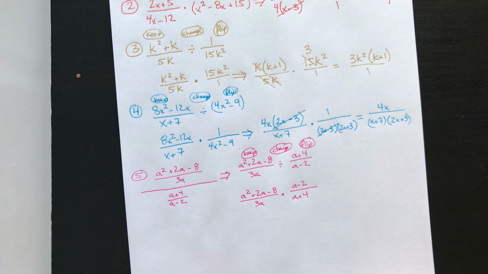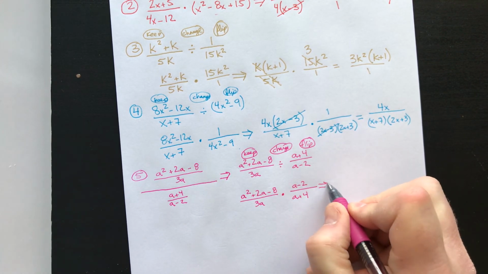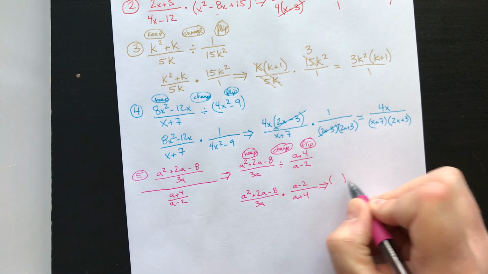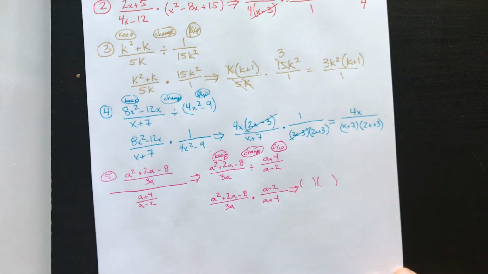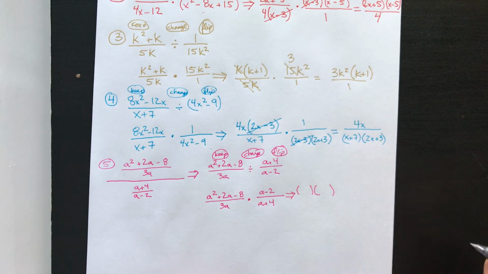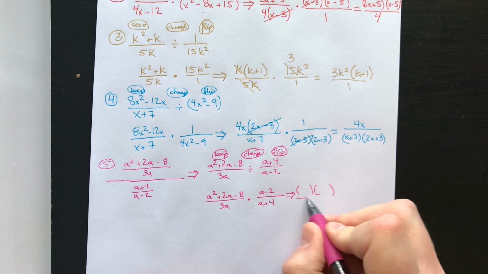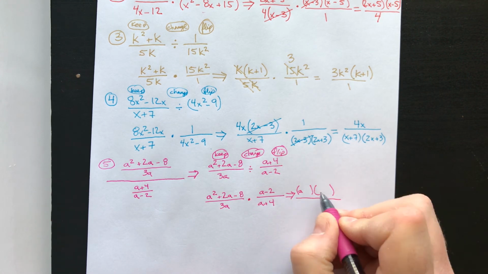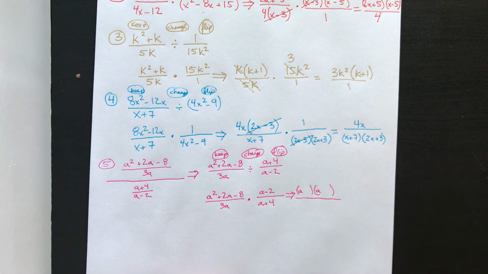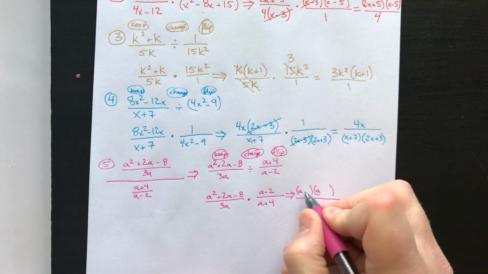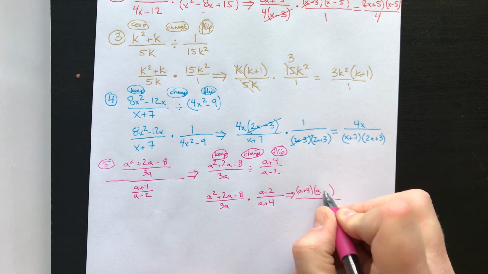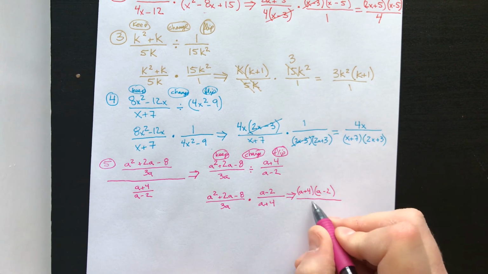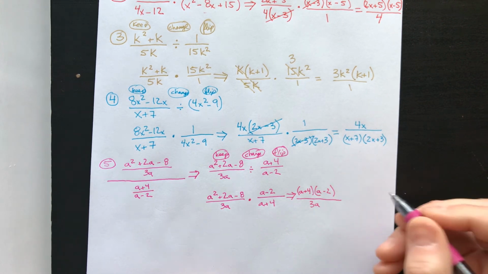So, time to factor. So I got an a and an a. Multiples that'll give you a -8, but will give you a +2, would be a plus 4, a minus 2, all over 3a. You can't do anything with that.